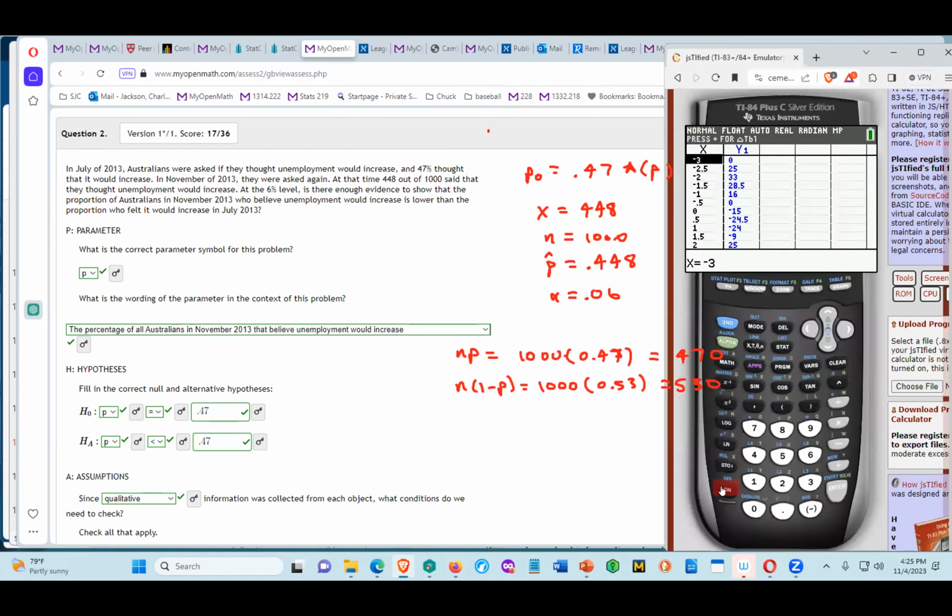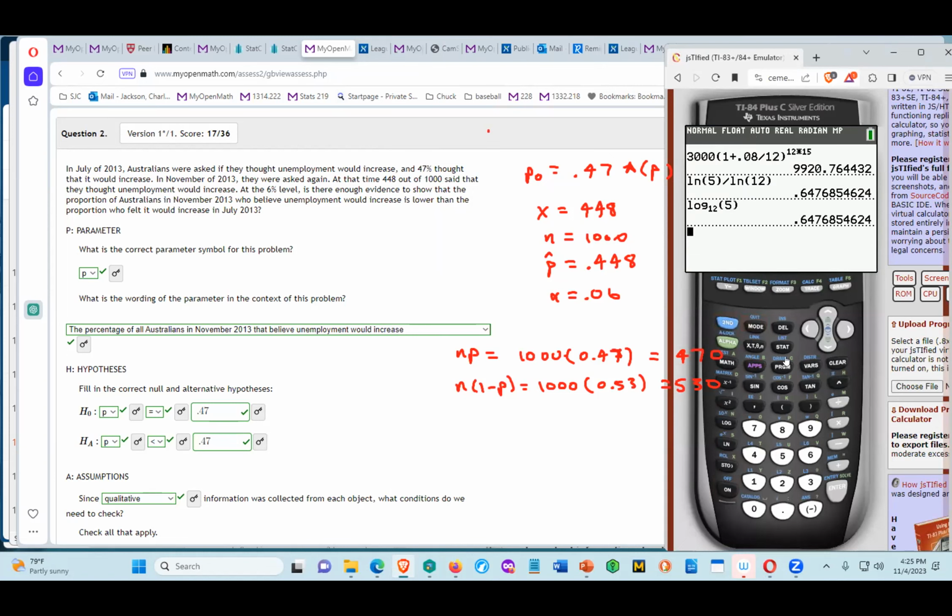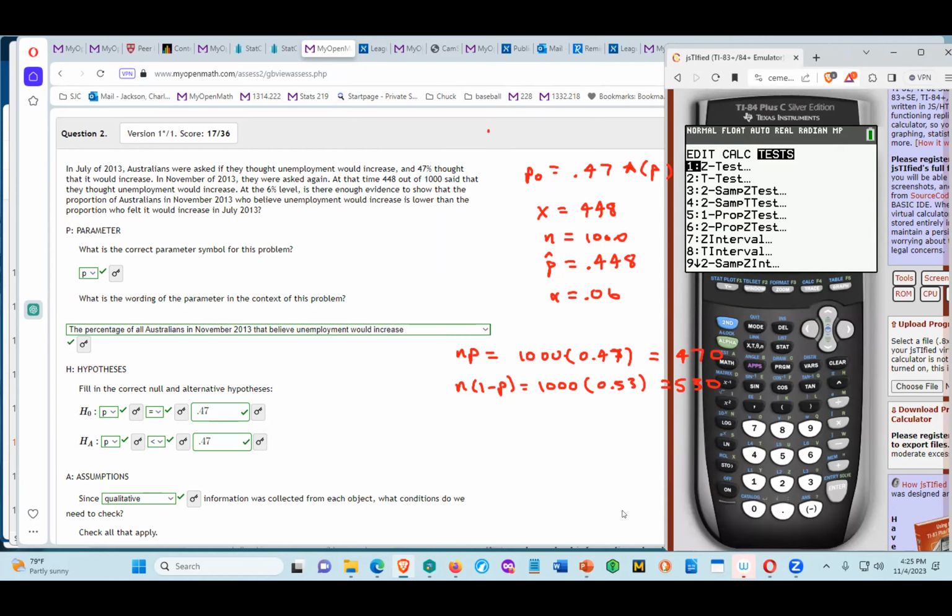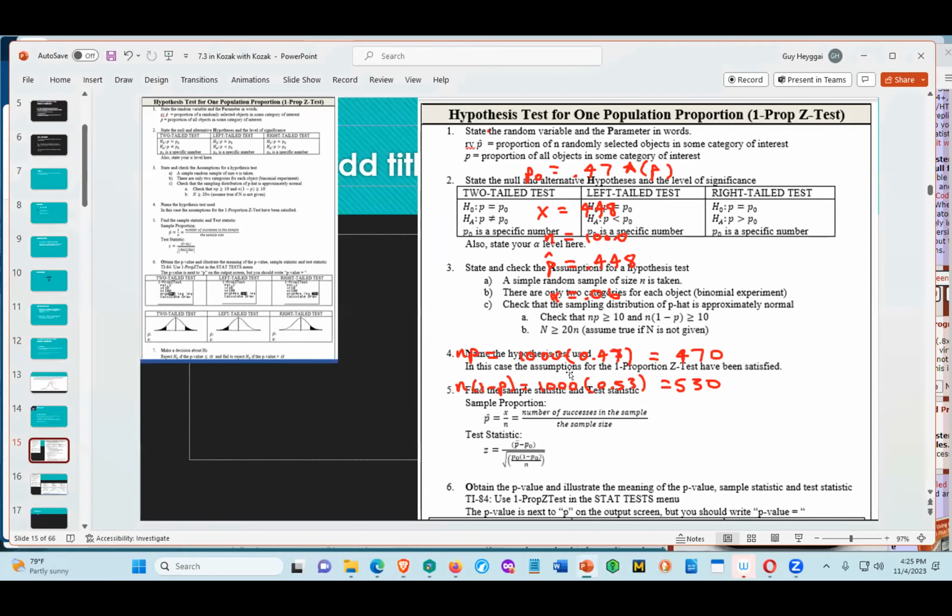Test for proportion. So stat tests, and one of the things in the acronym is, what kind of test are you doing? So that's probably the next one. So assumptions, we talked about that. Name, see the N, it's like this acronym. What is the N?